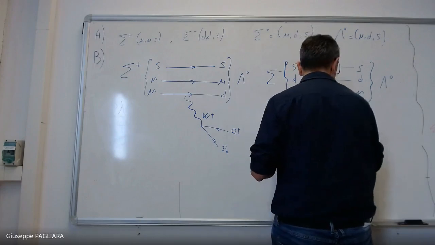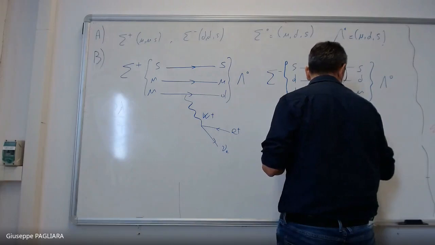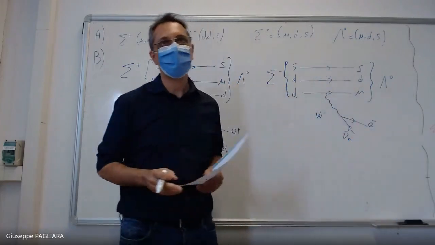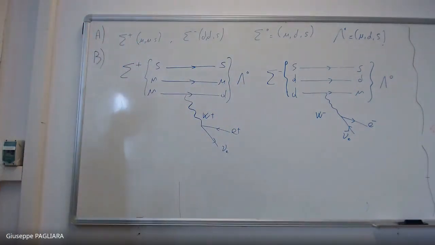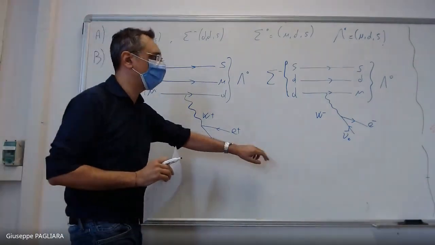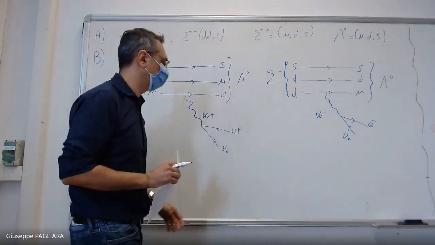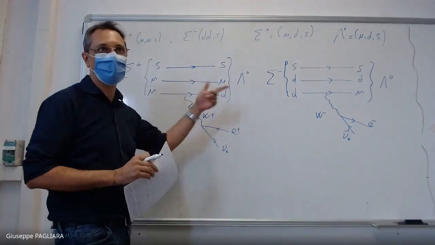And so this must decay into an electron and an electron antineutrino. We also see that in both cases, the electron lepton number is conserved. Okay, it is 0 in the final state and 0 in the initial state in both cases.